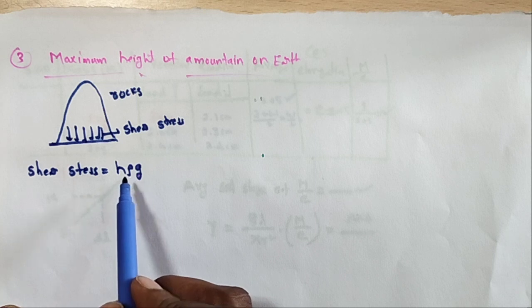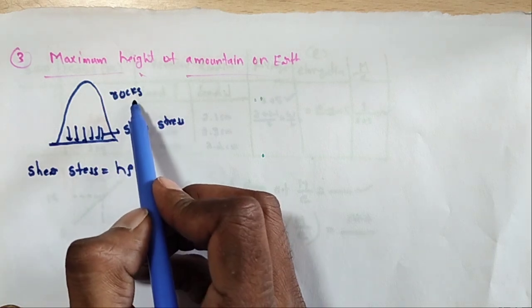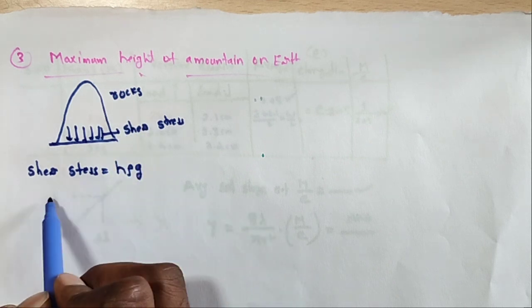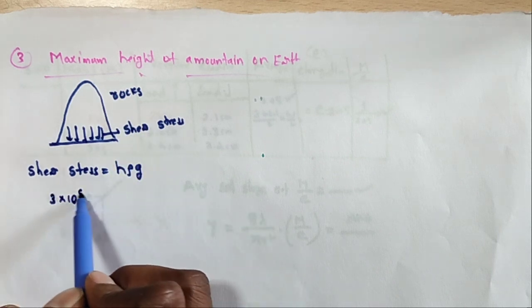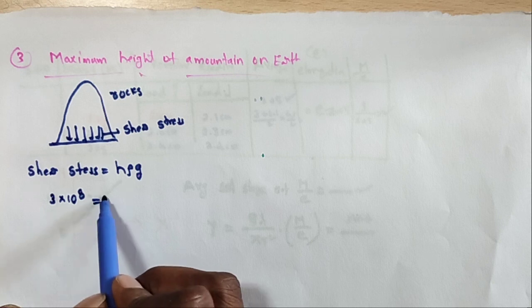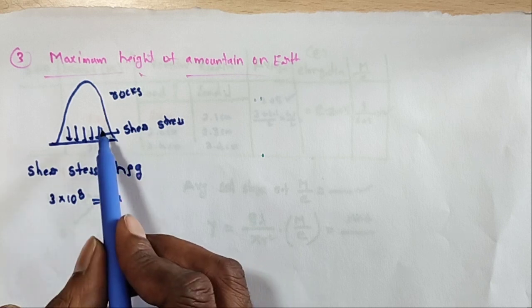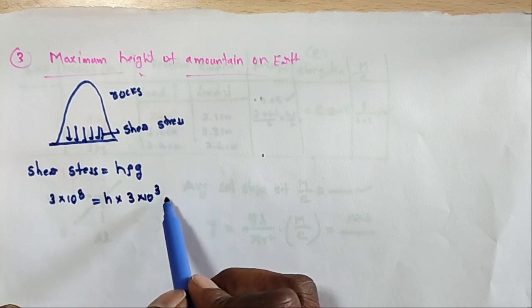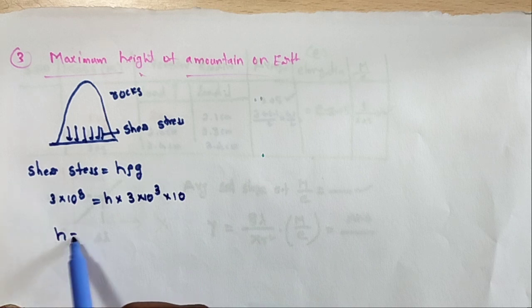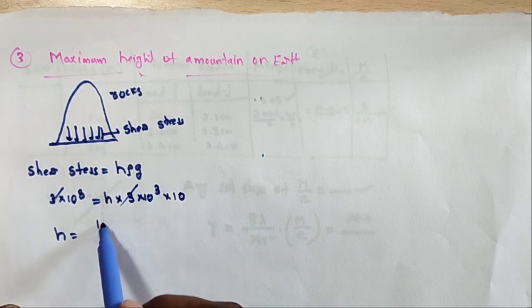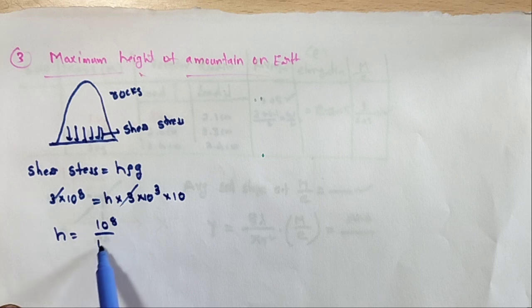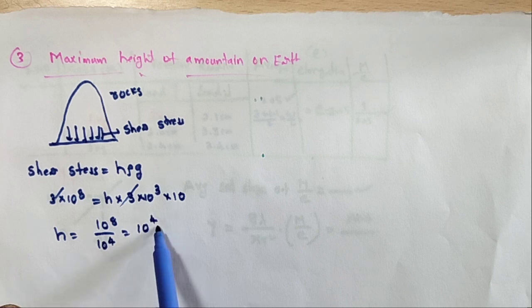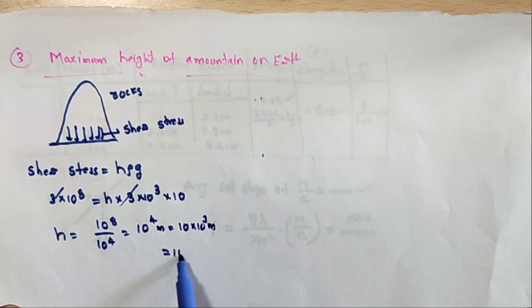For the rock material, shear stress 3 into 10 power 8 Newton per meter square is equal to h rho g. What is rho? Density. The density of rocks is 3 into 10 cube kg per meter cube. g is equal to 10. So finally h is equal to 3 cancels, 10 power 8 by 10 power 4. So that is 10 power 4 meters, which is 10 into 10 cube meters, so 10 kilometers.